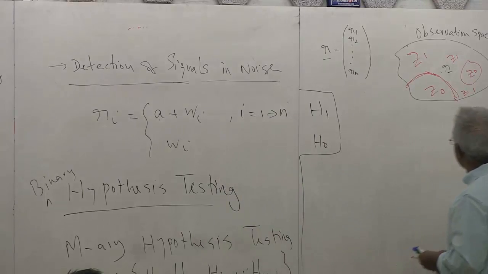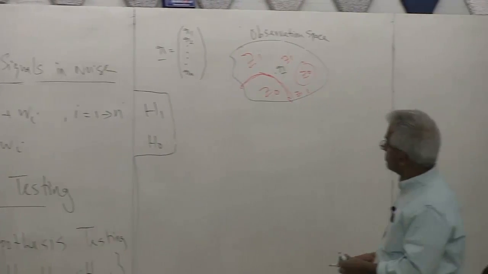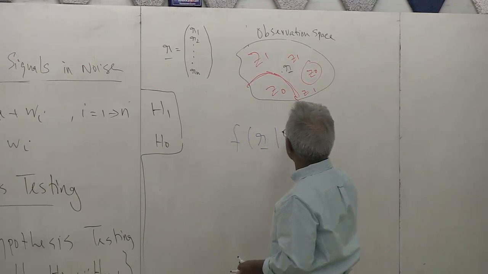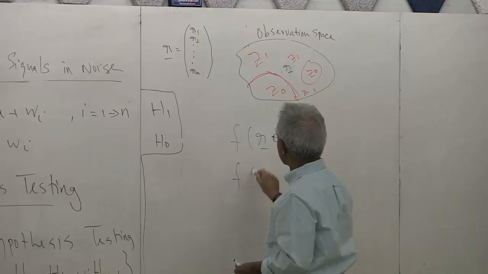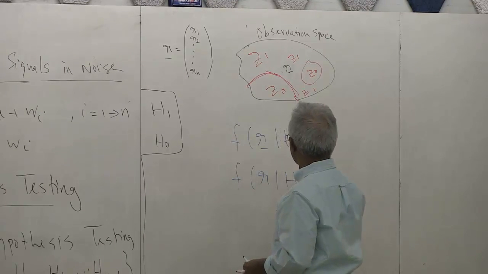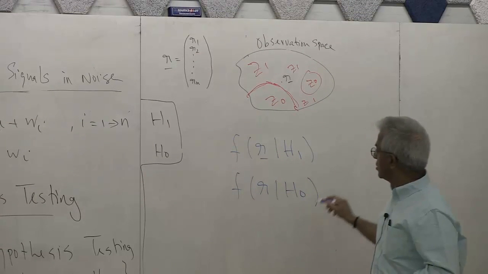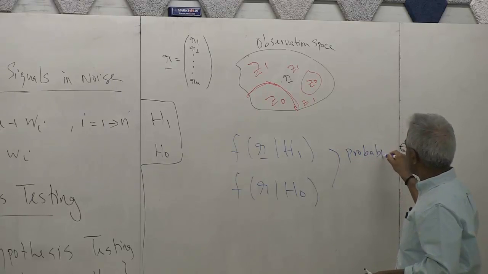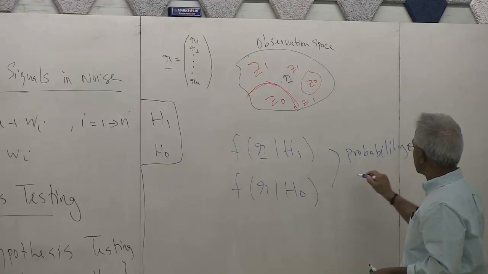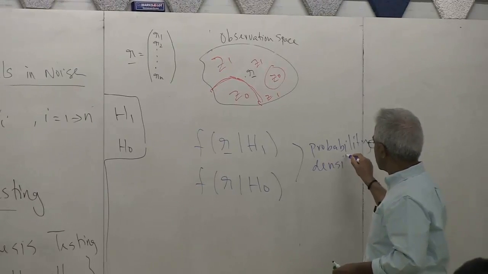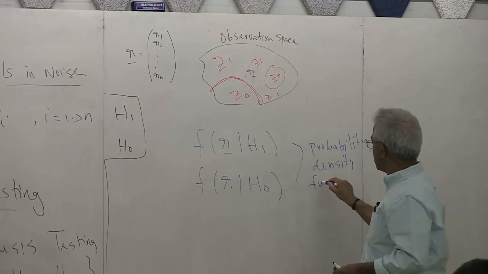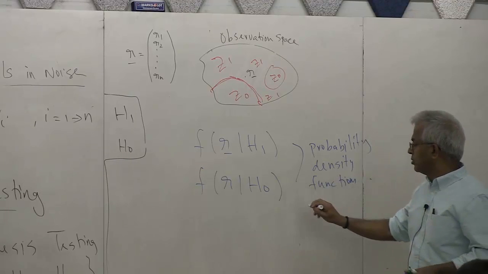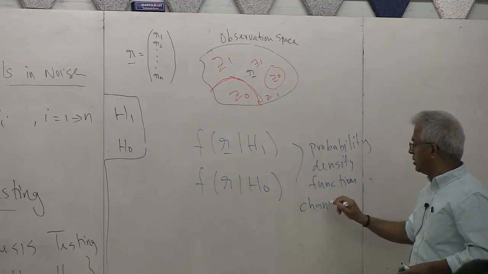So you can expect these probability density functions. They depend on the channel transition probabilities, etc.